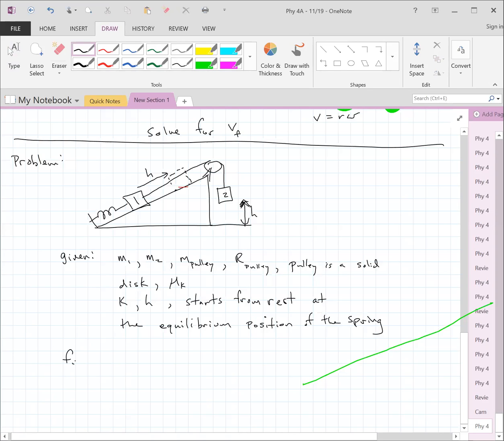We want to find T1, T2, and the acceleration. And where do we want to find it? How about the split second before M2 hits the ground?